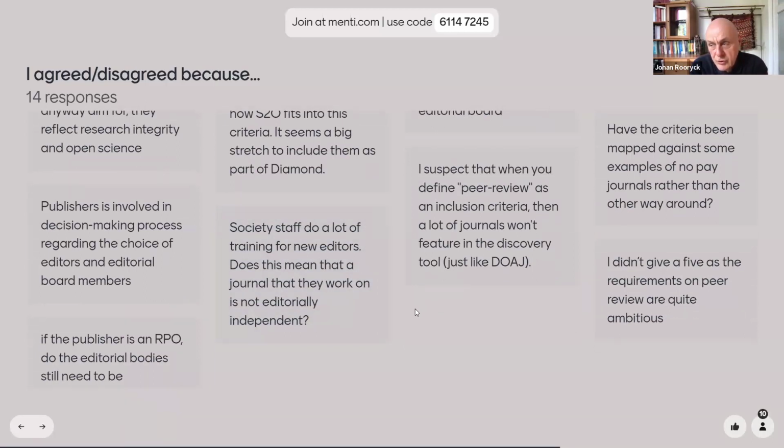Do we include S2O journals into Diamond on the condition that a declaration of independence is issued in collaboration with the publisher, of course? Or do we say, no, we are completely orthodox about this: the ownership of the title has to be in the hands of the academic community? That is the question before us, actually.